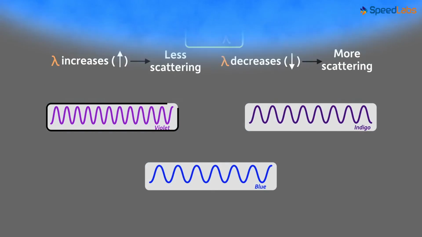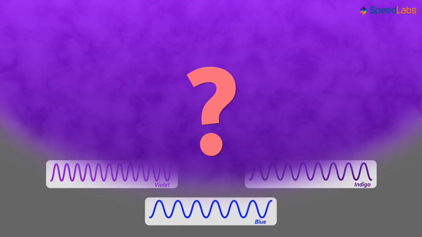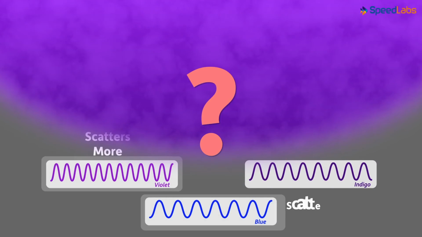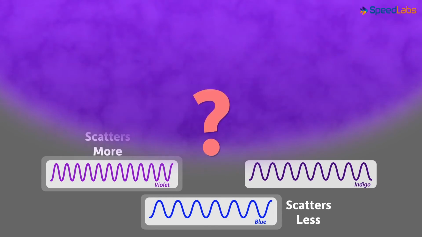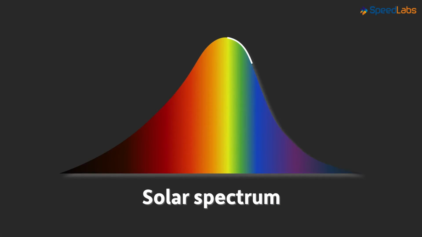But wait, the violet light has the smallest wavelength. Then why doesn't the sky appear violet or even indigo for that matter? It is true that the sky scatters the violet light more than the blue light. However, we don't see violet sky, do we? What's the reason? The following graph tells us how much of a particular wavelength is emitted by the sun. Observe the graph well.